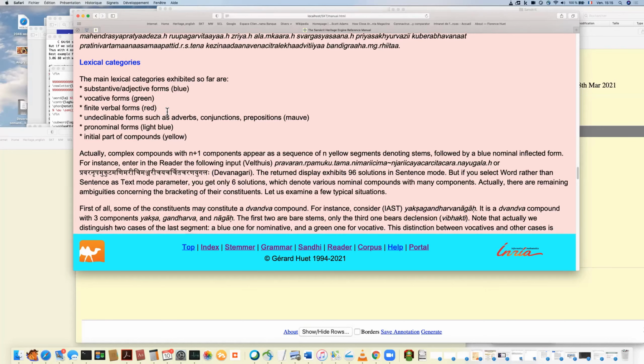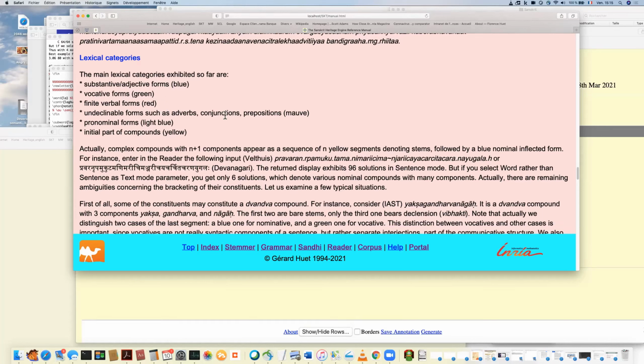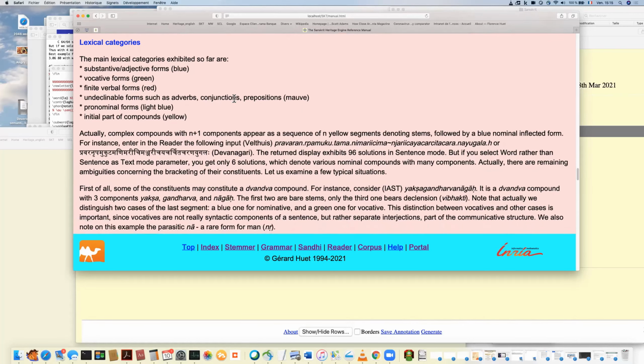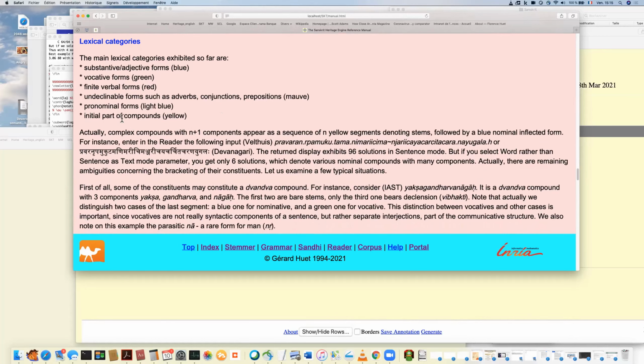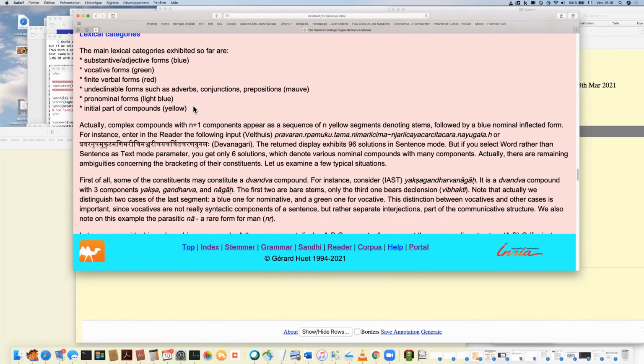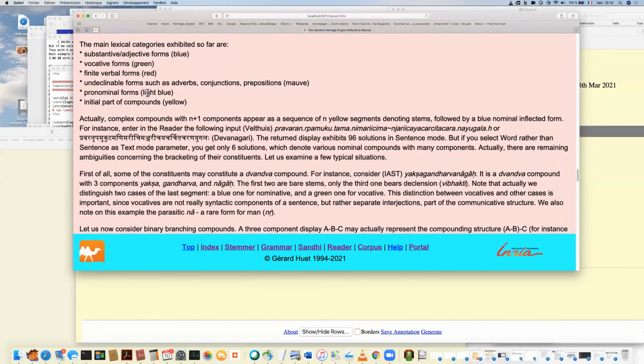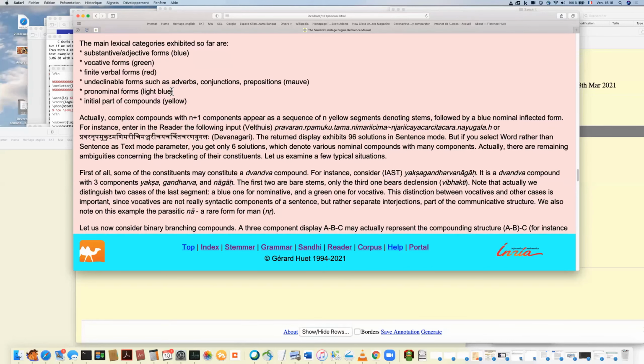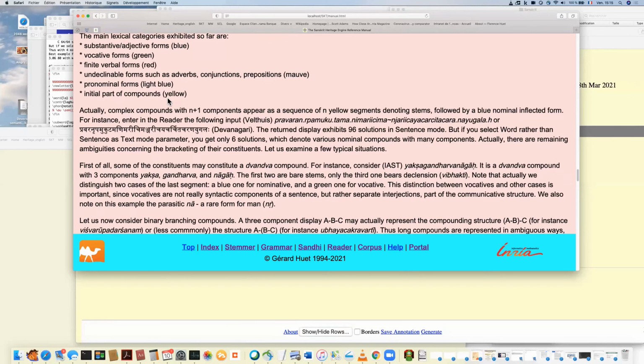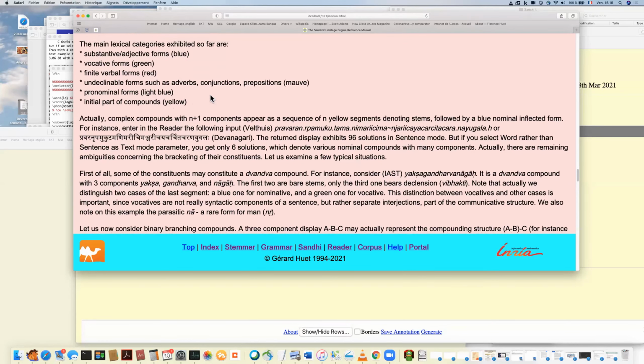Now the indeclinable forms such as adverbs, conjunctions, prepositions, they are mauve. So these are the avyayas. The pronominal forms are light blue. They are called sarvanama. Sarvanama can stand for any nama. And the initial part of compounds is yellow. So here I discuss the most usual ones.